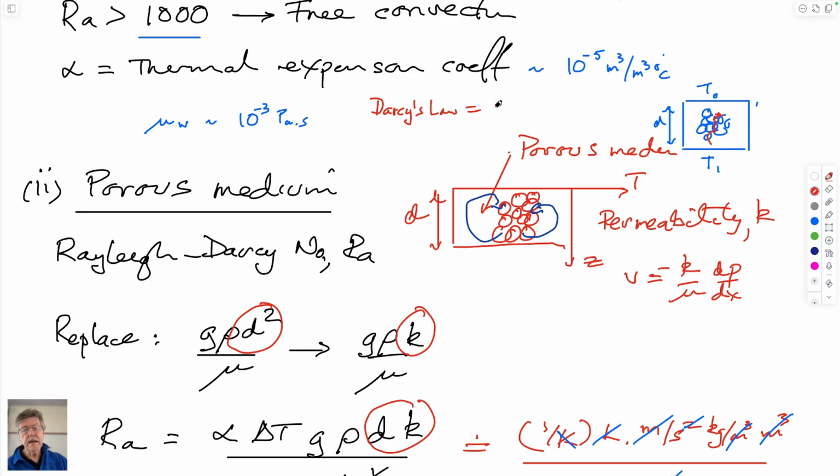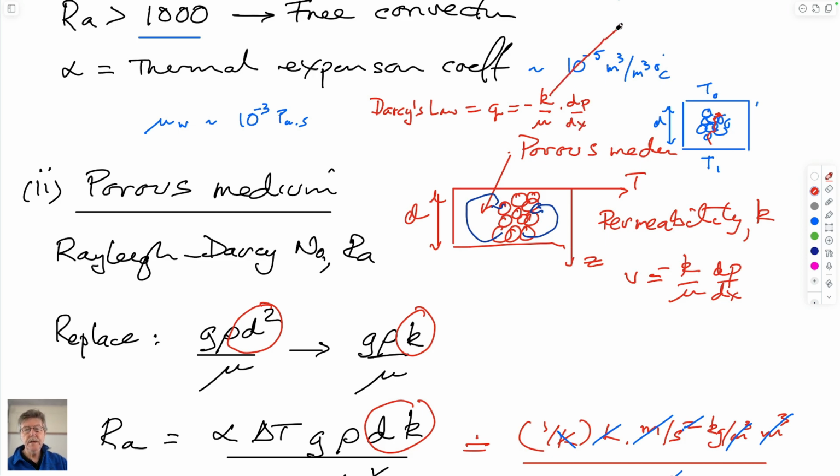And that says that the velocity of flow is equal to minus the permeability divided by the viscosity, multiplied by the pressure change as a function of location.